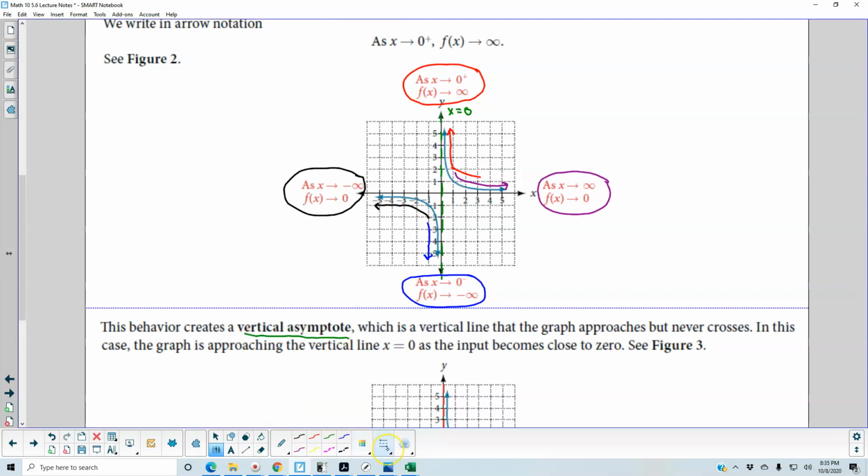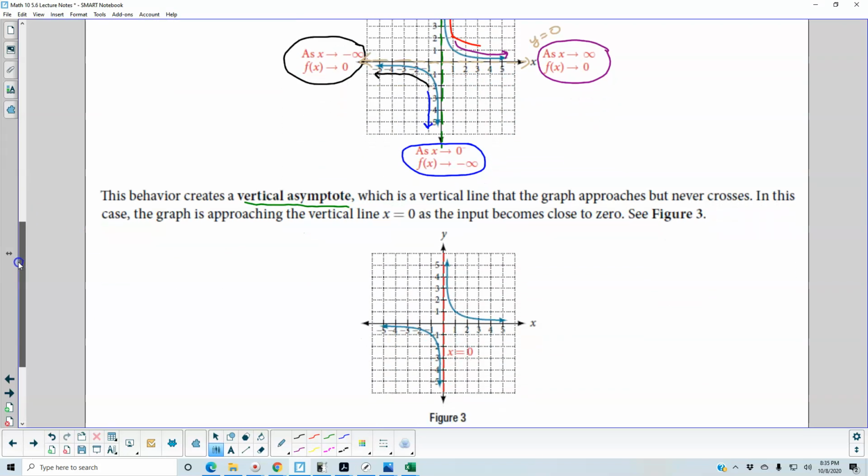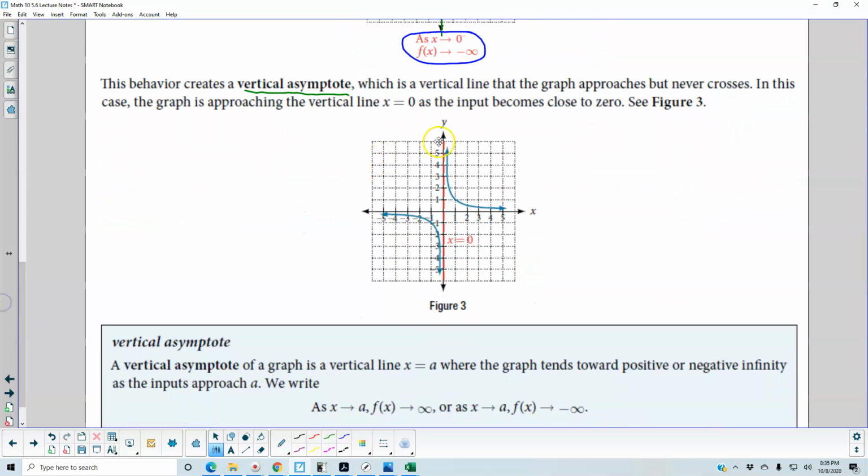You can see here that there's a horizontal line, and that's the horizontal line y equals 0. And therefore, the graph is never going to cross the x-axis. So we also have a horizontal asymptote at y equals 0. So again, here is our vertical asymptote at x equals 0.